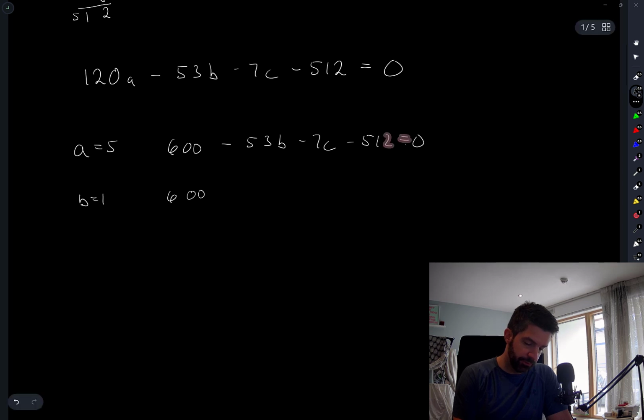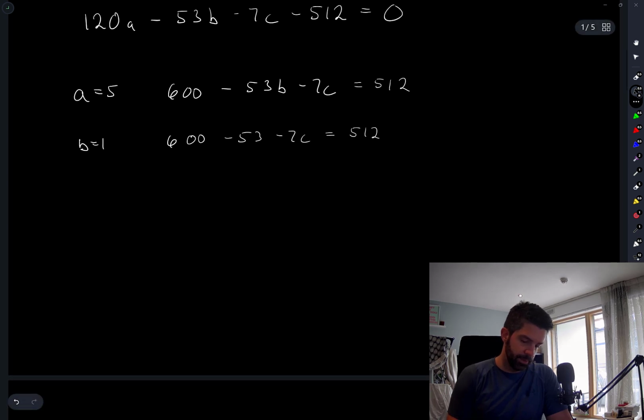Let's put the 512 on the other side. I feel like it would be easier to make things add to 512. B is equal to 1, minus 53 minus 7C. So this is what, 547 minus 7C is equal to 512.